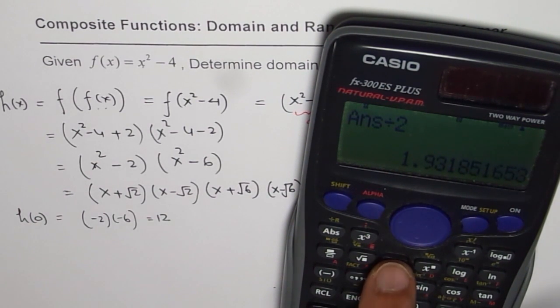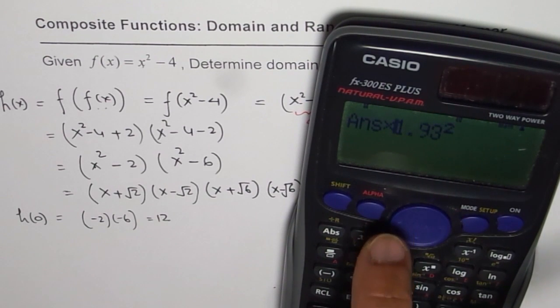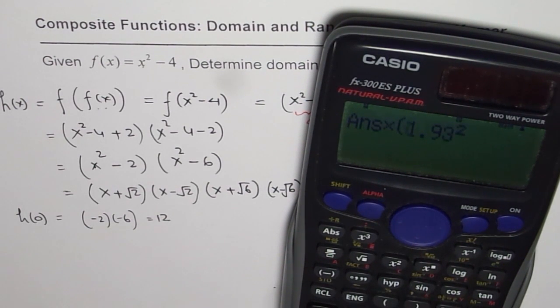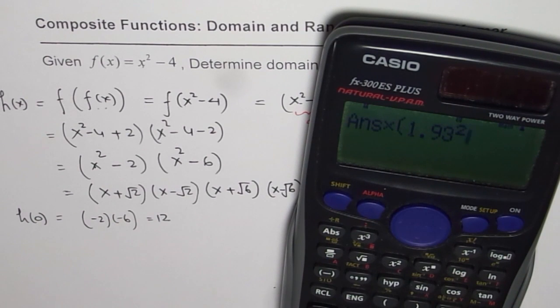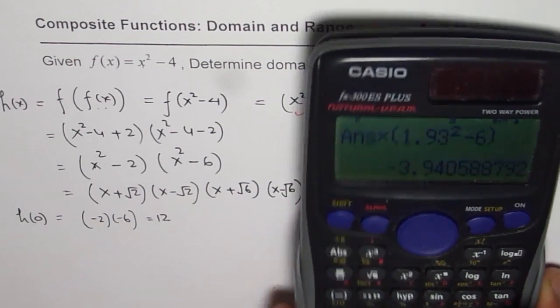So we'll square this, minus 2, times 1.93 square minus 6, which is approximately minus 4.